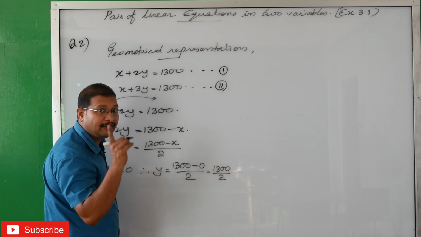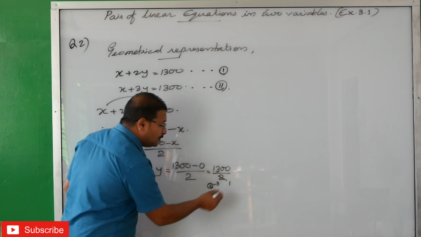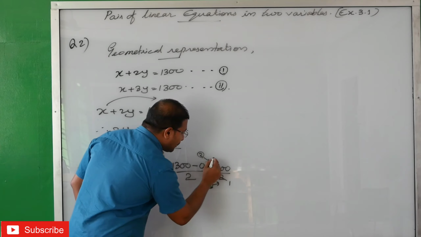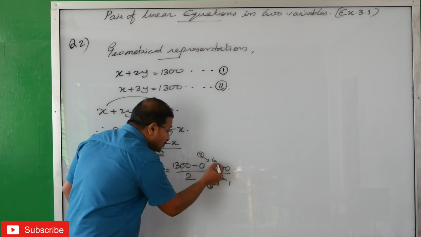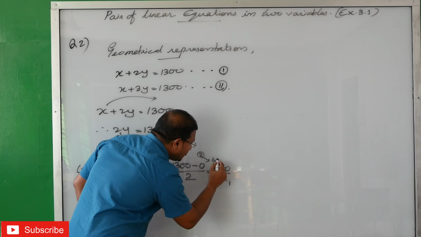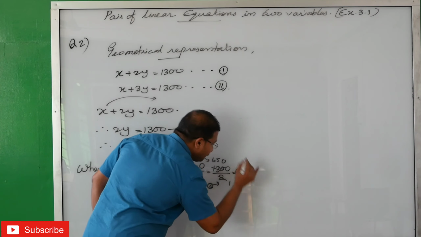Ready? We will cancel by 2. 2 ones are 2. When you cancel here by 2, 2 6s are 12. Out of 13, 12 we took. And the balance is 1. 1 means 10. 10 means 2 5s are 10 and this 0. That means we got it now 650.